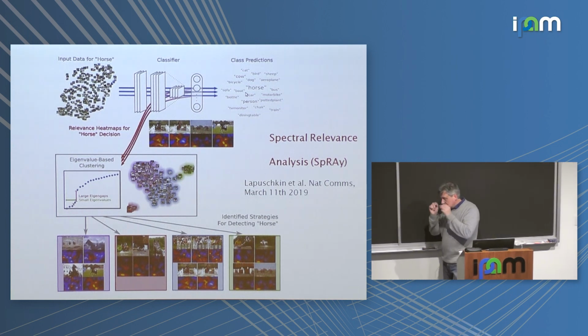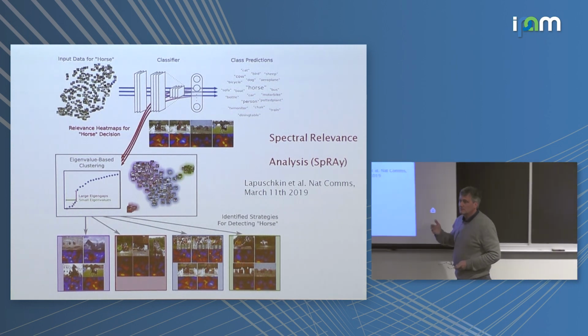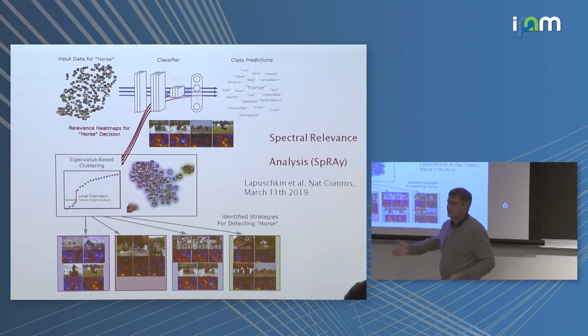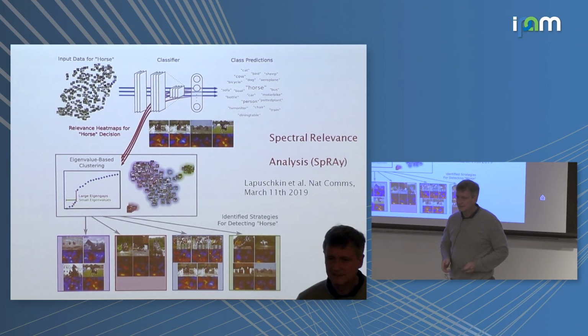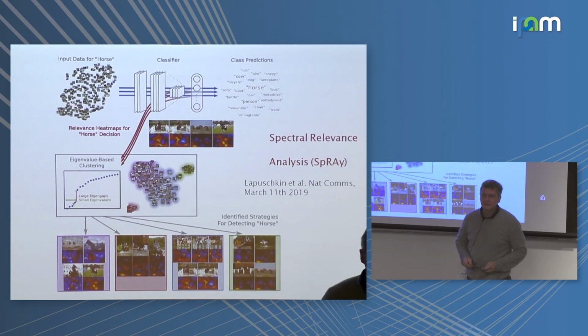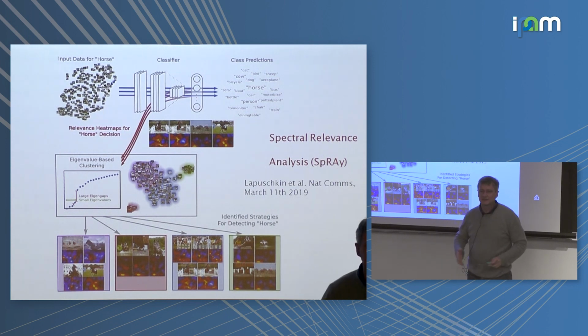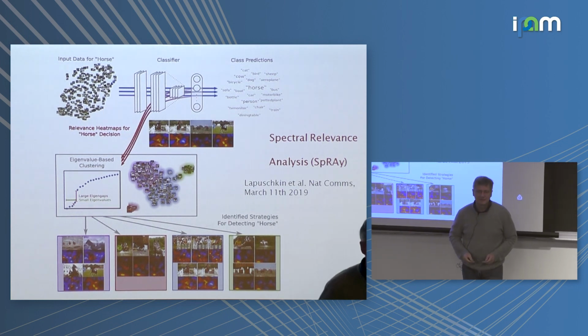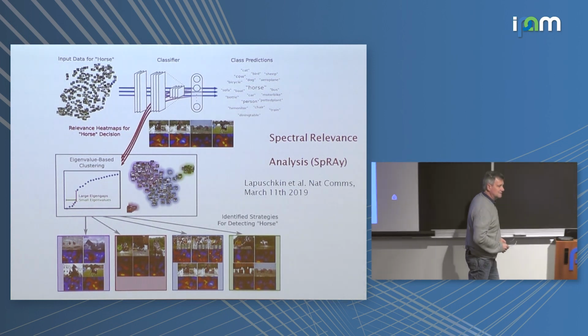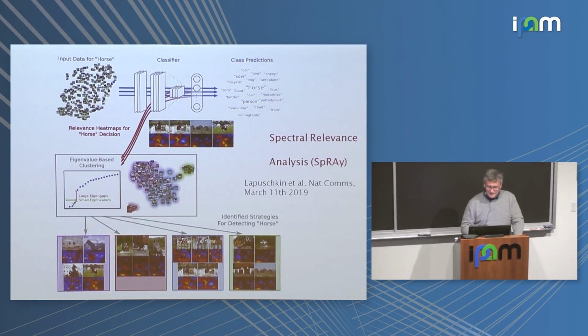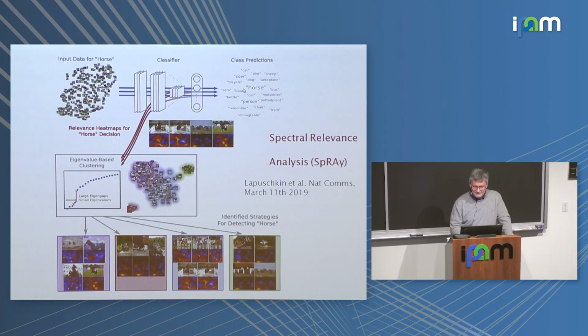Then you can, of course, on the test data, get lots of heat maps. It's blazing fast. It's a linear algorithm. It scales. So then you have all these classification results, plus all these heat maps.